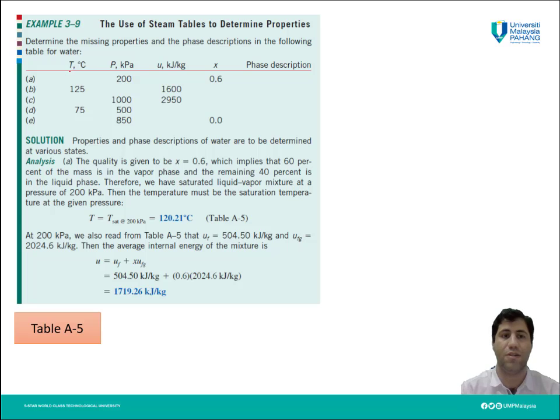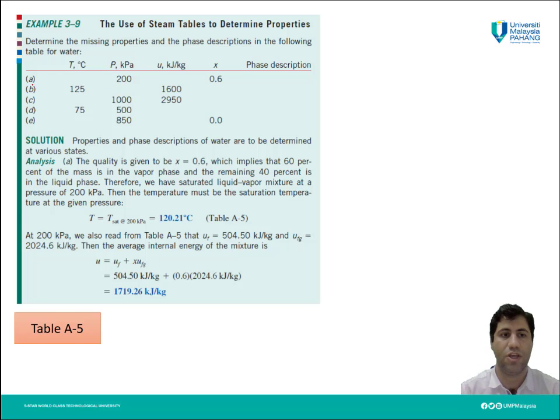As you can see in this table, we have different states, A, B, C, D, E, 5 different states. And the information given in this table are the temperature, pressure, internal energy, and quality, and also the phase description for that state.